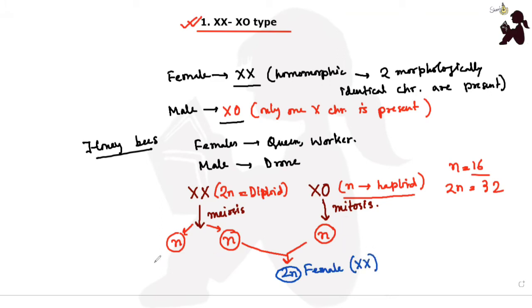And the unfertilized one will produce the male individual with the XO genotype. Okay, so this was all about the sex determination of the honeybees.